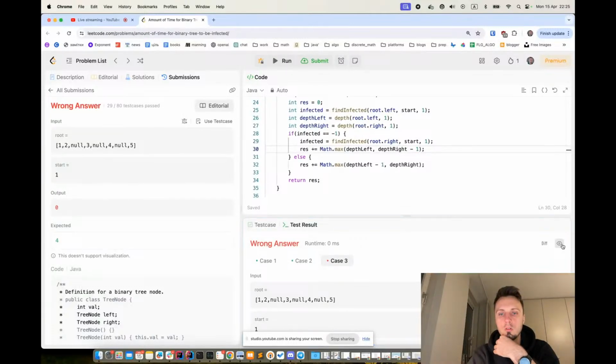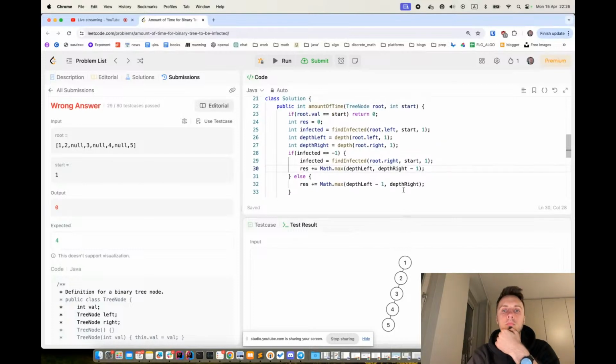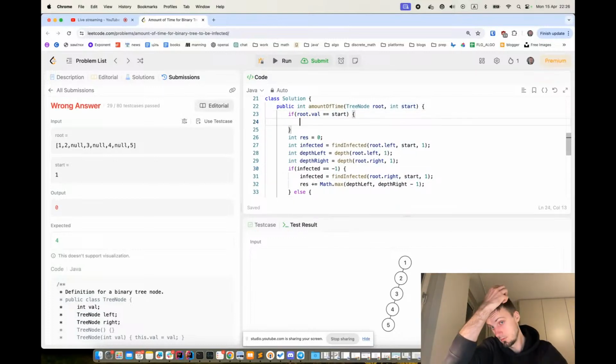Okay, so we have 1. Yeah, so that's true. When we have root equal to value, it should not be 0 actually. It should return something else.